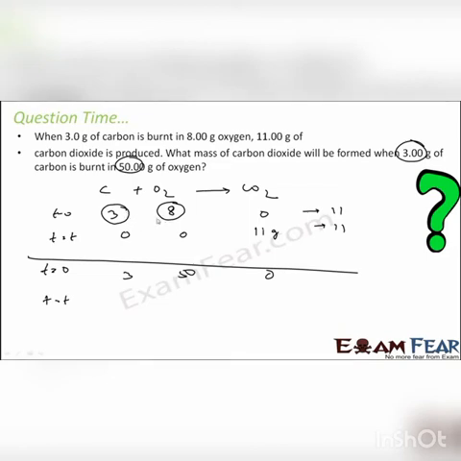Carbon and oxygen are consumed to give 11 gram of carbon dioxide. So this will become 0 and this will become 50 minus 8. Only 8 gram will be used, and here you get 11 grams again.